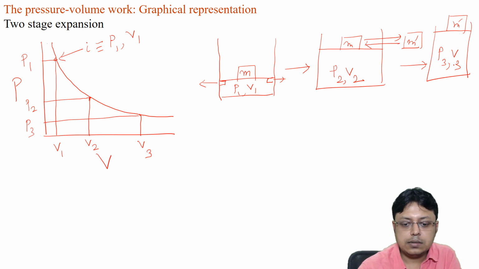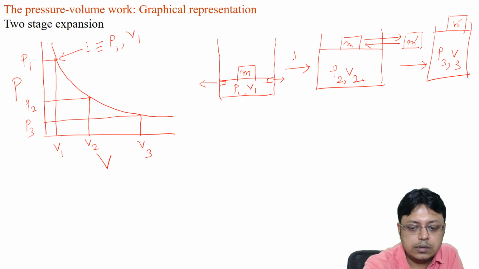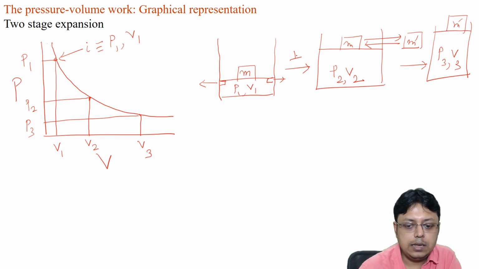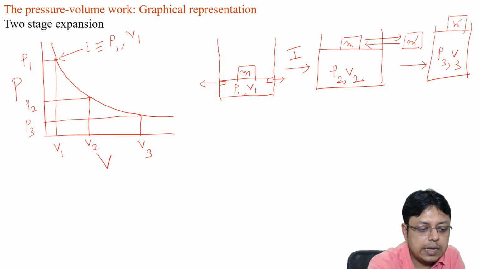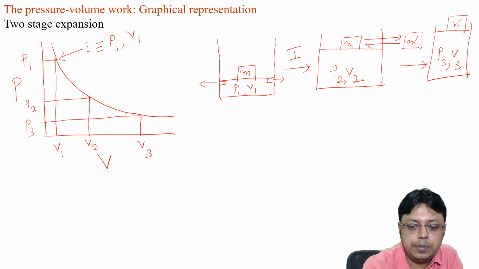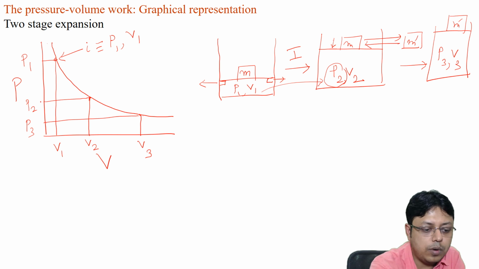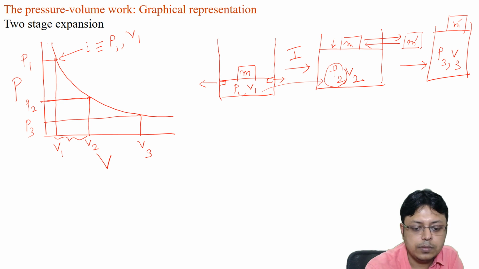Now in the first stage, step number 1, the external pressure was nothing but P2, because the pressure was reduced to P2, and that exactly balances the external pressure created by the first mass M. So the work done will be P opposing, which is P2, into V1 minus V2.